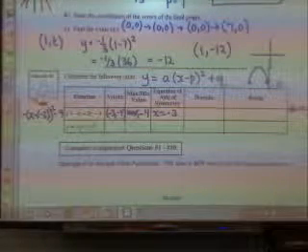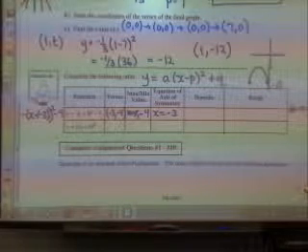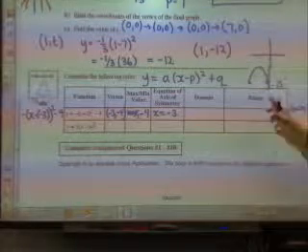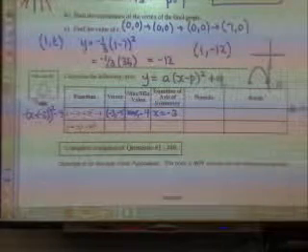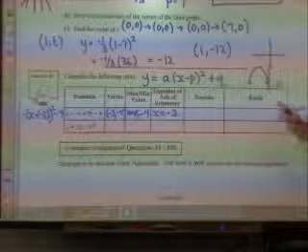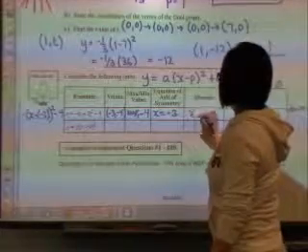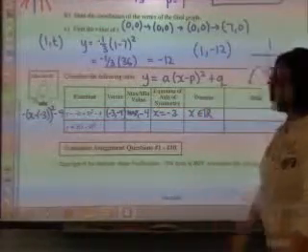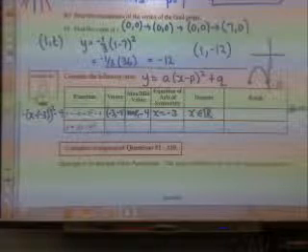The domain, all parabolas that open up and down have the same domain, and that is that x could be anything. Because this parabola is just going to keep getting fatter and fatter and taking up more of the x-axis. It doesn't matter if it opened up or down, it's still going to do the same thing. So the domain, I can say that x can be anything, or I could write it as -infinity to +infinity.